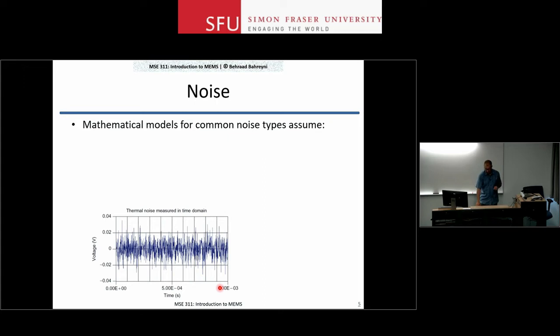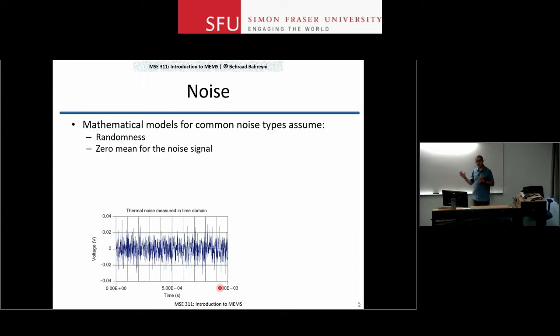Now, when we want to talk about noise and start analyzing circuits or systems with it, we make a couple of assumptions. First of all, randomness. Noise has to be random. It should be unpredictable. From this point to the next point, you should not have a way of figuring out that it is going to go up or down. It is totally random.